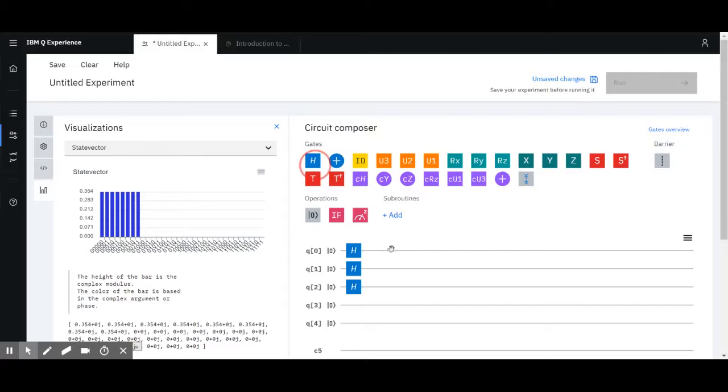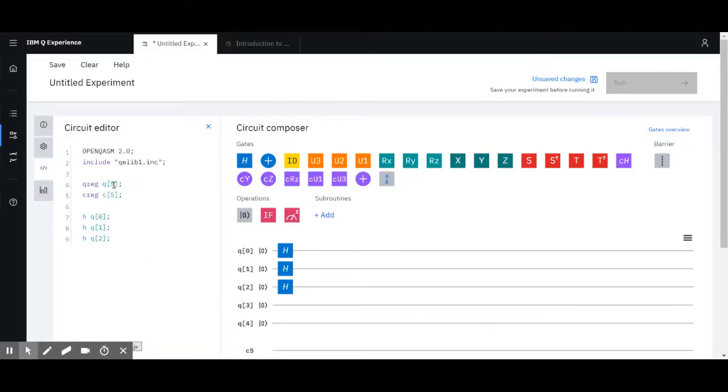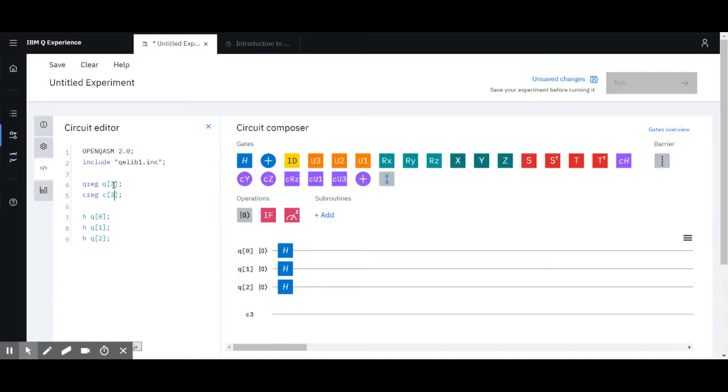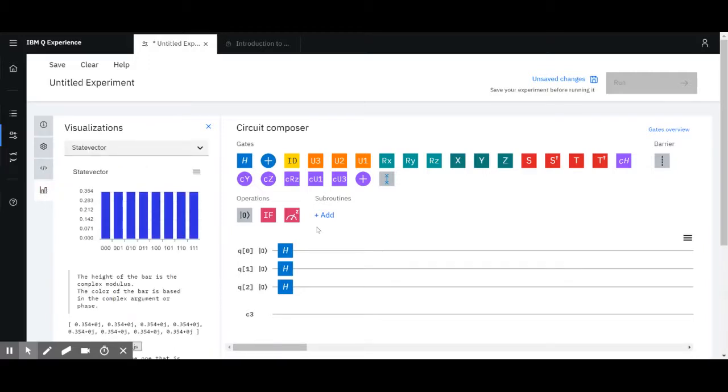Now, an important thing to keep in mind is that maybe it's going to be easier if I reduce the circuit to 3 qubits to explain what I want to explain right now. So you've got 8 possible values that you can represent with 3 bits, right? Because we are in an equal superposition in this sense.